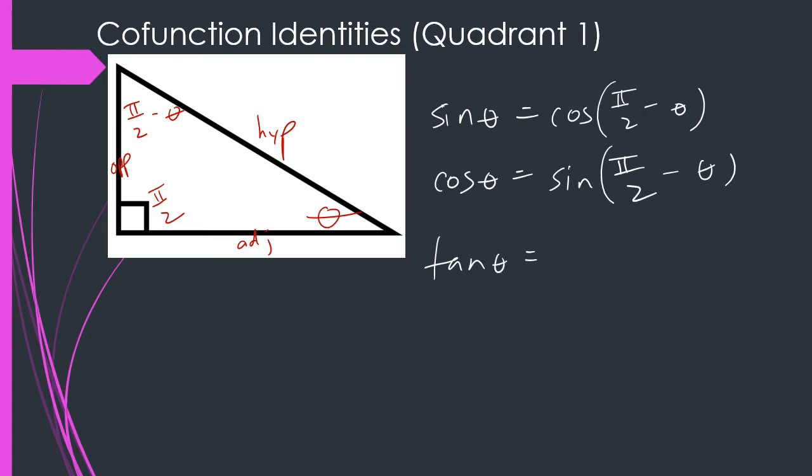Now tan theta is opposite over adjacent. If I go from the point of view of pi over 2 minus theta, that would be adjacent over opposite, which is the reciprocal of tan, which would be cotangent.